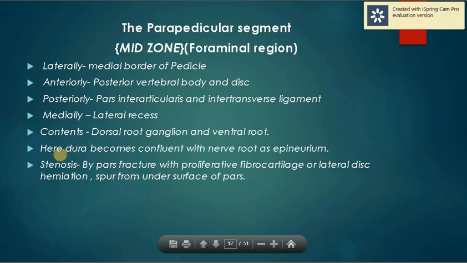Here the dura becomes confluent with the nerve root as epineurium, and stenosis is caused by fracture of the pars interarticularis with proliferative fibrocartilage, lateral disc herniations, or sometimes a spur from the undersurface of the pars interarticularis.